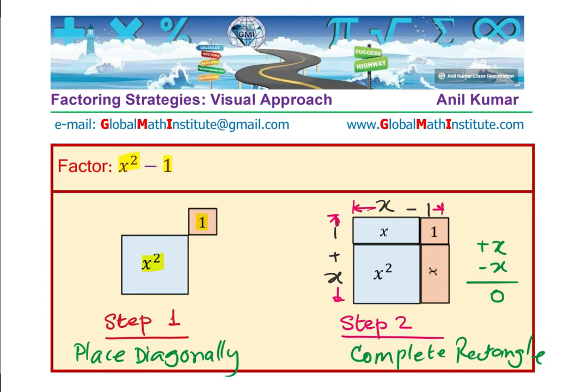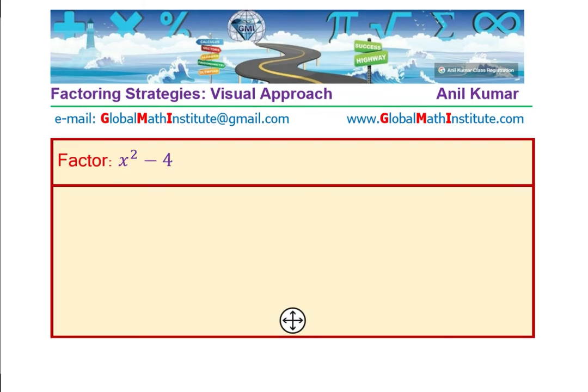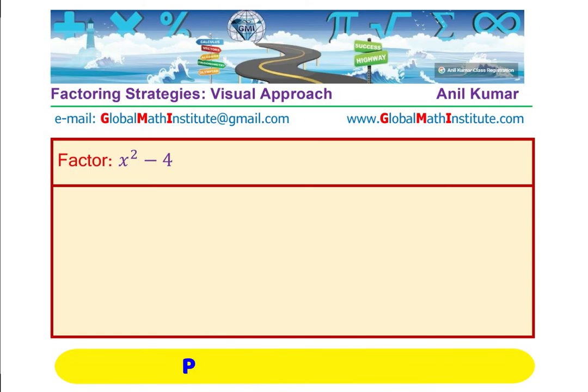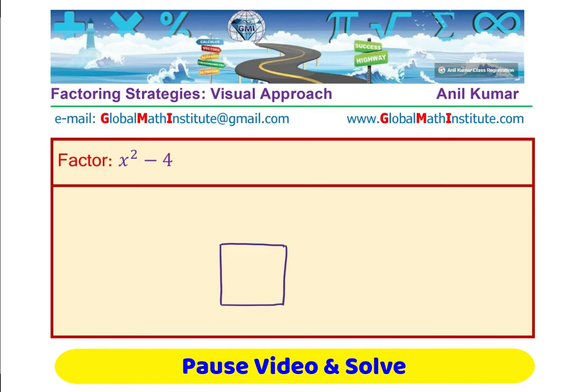Perfect. Let's try another question. That will make it absolutely clear. This time we have x squared minus 4. So how are we going to do it? Well, clearly I have to first sketch a square tile. This is x squared. Blue in color means positive x squared, and now red for minus 4.